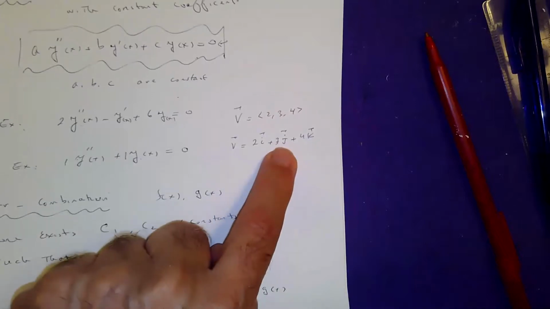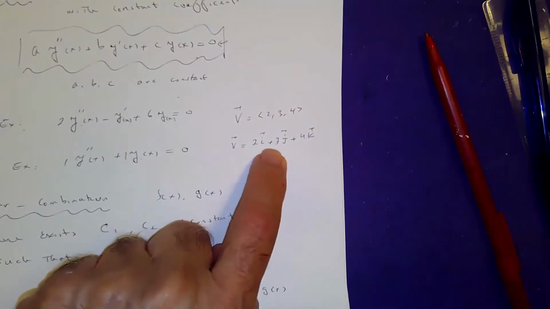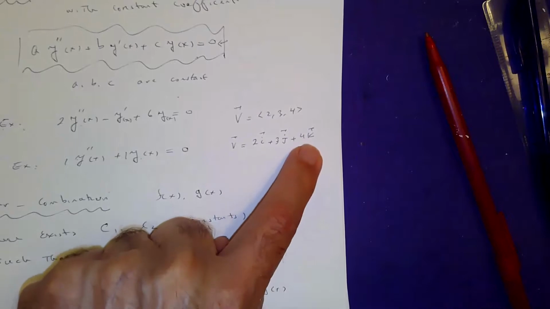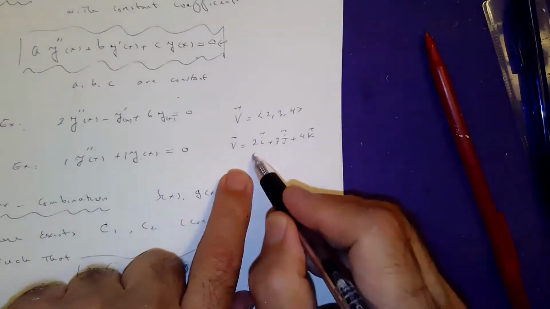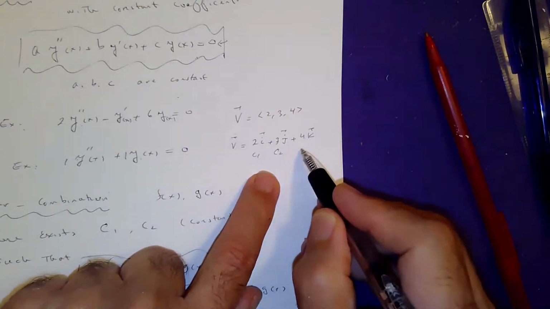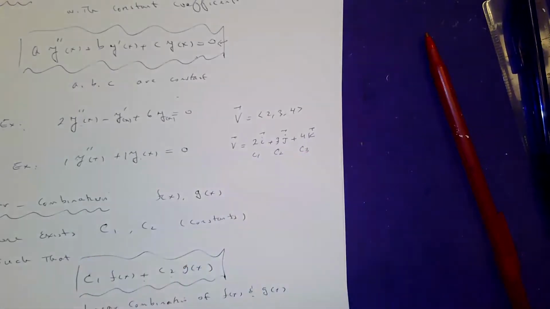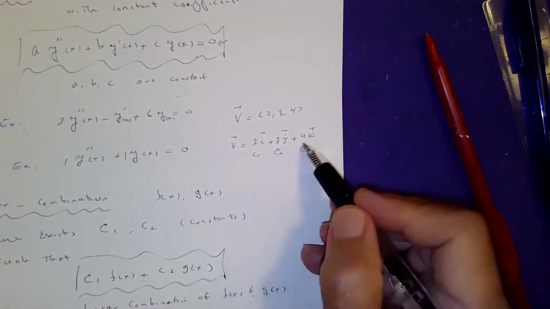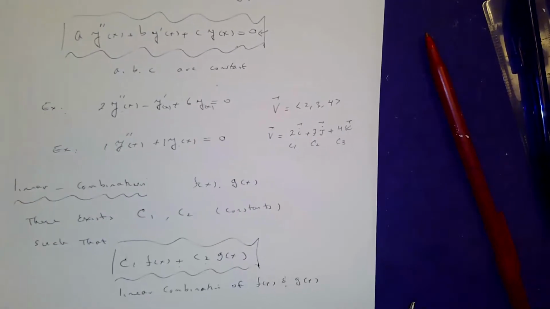So we call this a linear combination of i, j and k. In this case, your c1 is 2, c2 is 3, and c3 is 4. So that was a linear combination, but they never mentioned that in that course.